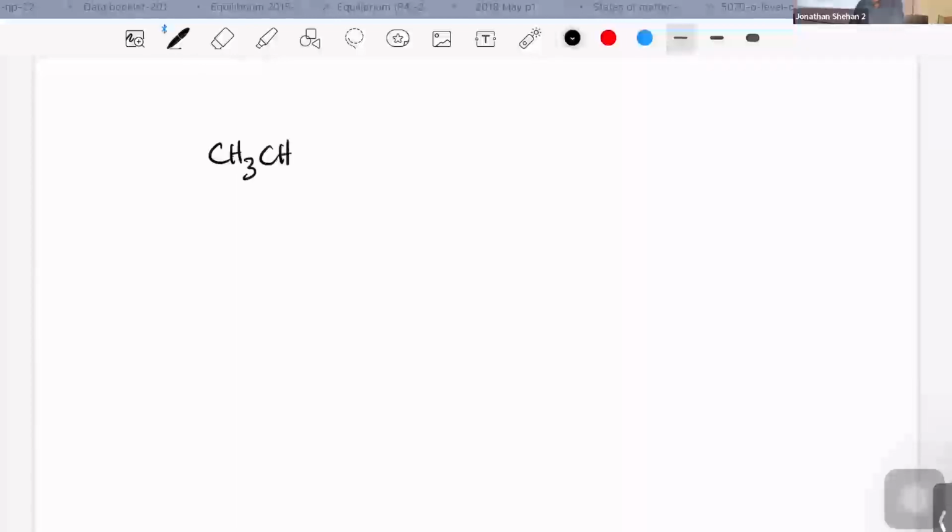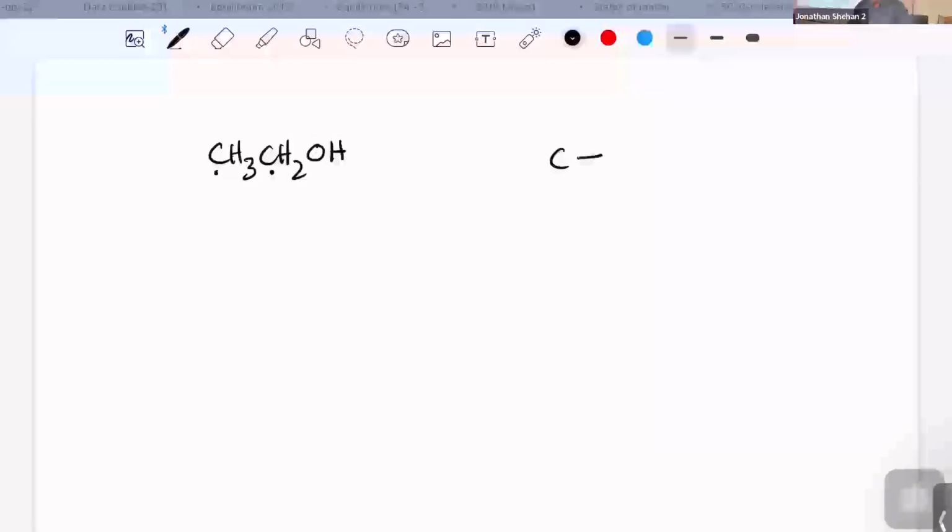So ethanol can also be drawn like this. And also we can draw the displayed formula of ethanol. The displayed formula shows all the bonds and all the atoms in the molecule. Now this is not the displayed formula. So if I want to draw the displayed formula, I have to put carbon atoms.